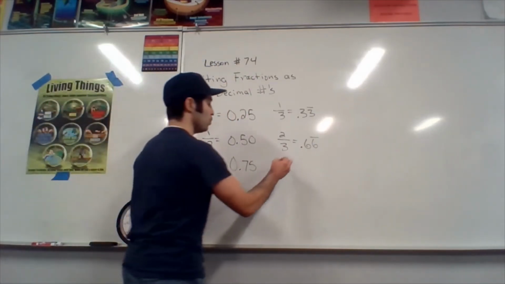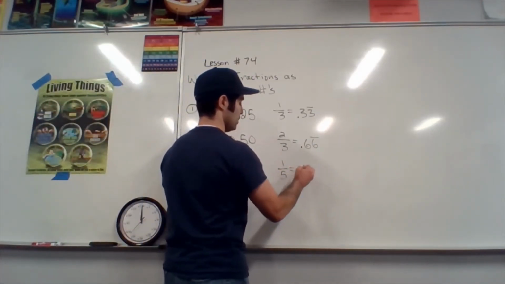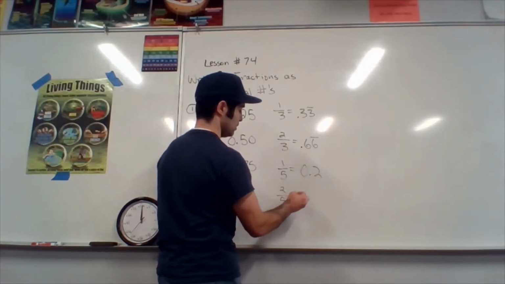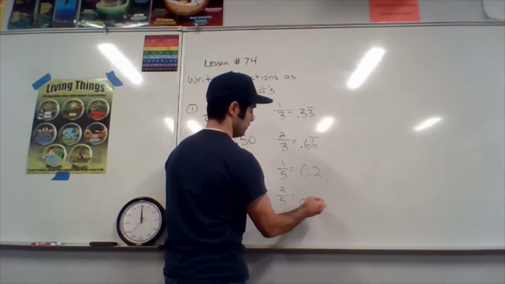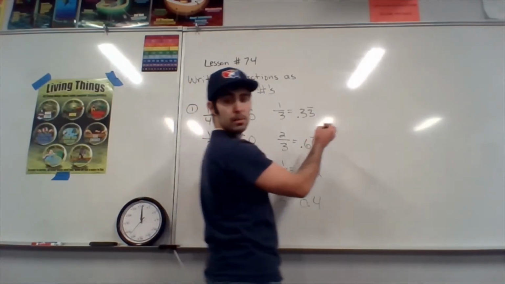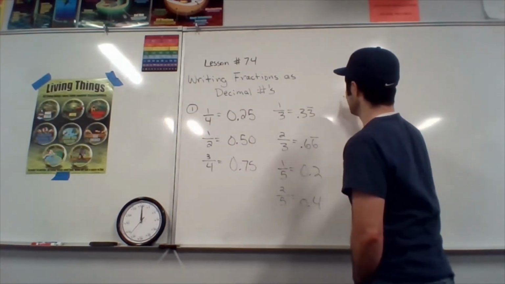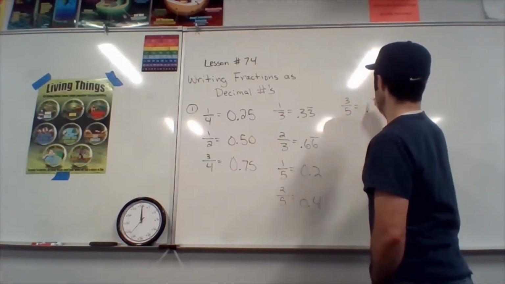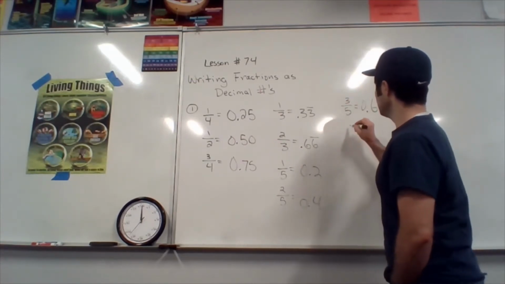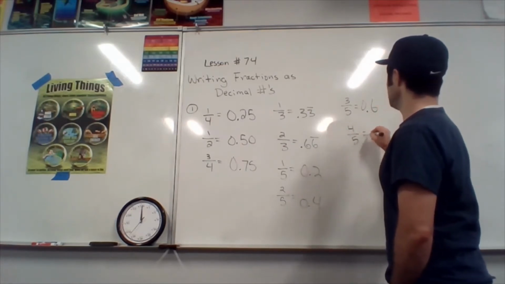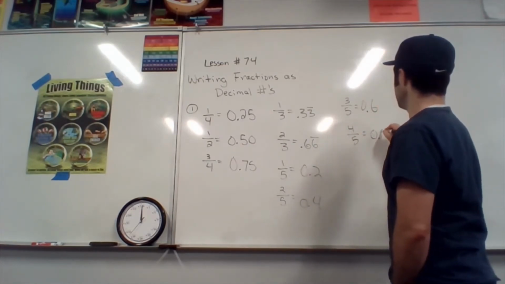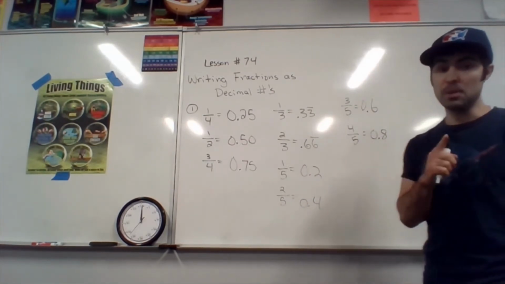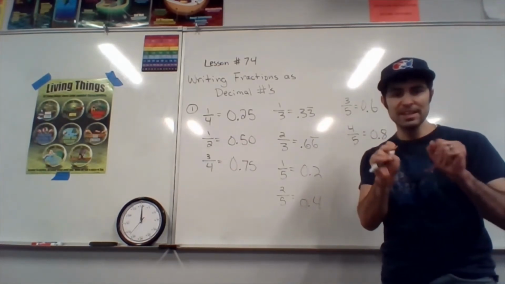You should memorize 1/5, which is 2 tenths. 2/5, which is 4 tenths. 3/5 is going to be 6 tenths, and 4/5 is going to be 8 tenths. You guys should memorize all of these. These are easy. Memorize them now. Pause the movie and memorize.